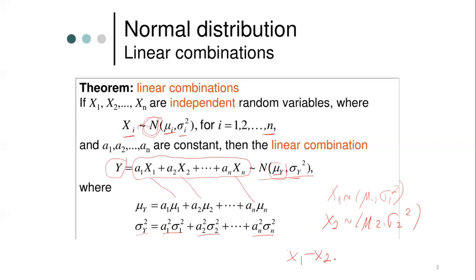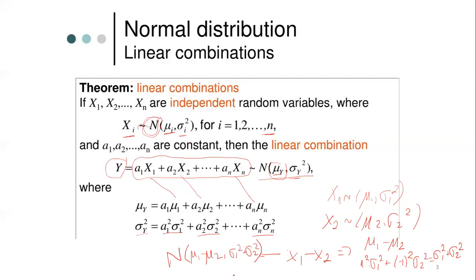Its expected value is mu1 minus mu2. How about its variance? Its variance is 1 squared times sigma 1 squared plus (minus 1) squared times sigma 2 squared, which is equal to sigma 1 squared plus sigma 2 squared. And we know that this is normally distributed with mean mu1 minus mu2 and variance sigma 1 squared plus sigma 2 squared.